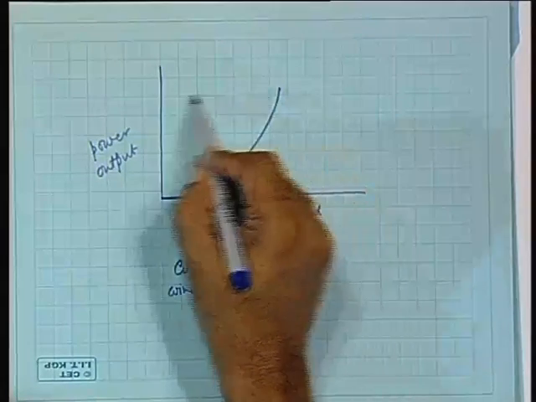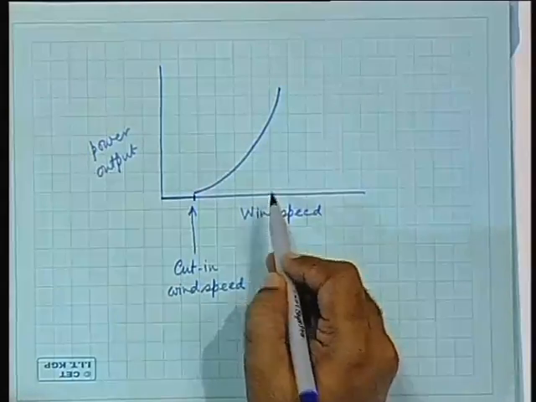But after some time, you reach the power generation capacity, the rated power of the generator. Even if the wind speed increases, you cannot allow the generator power output to increase, because then it will overheat and burn. So there has to be some mechanism of keeping the power output constant as the rated power.